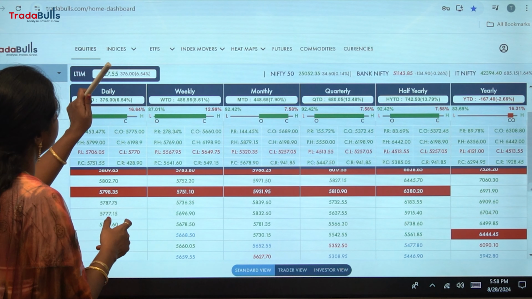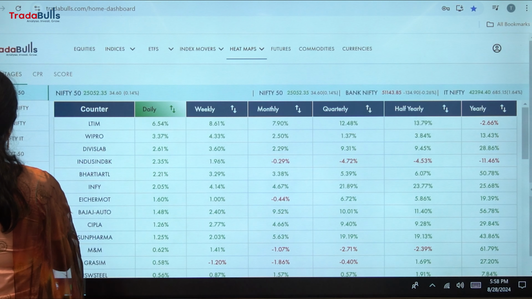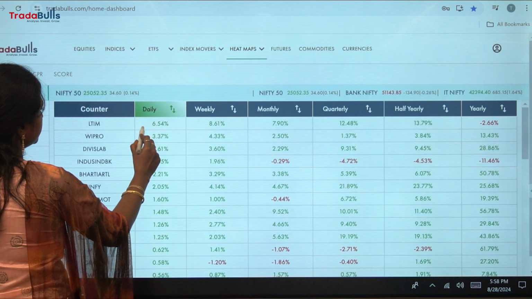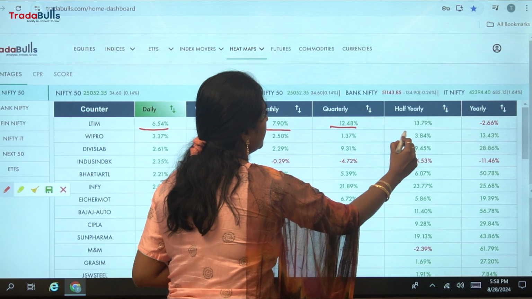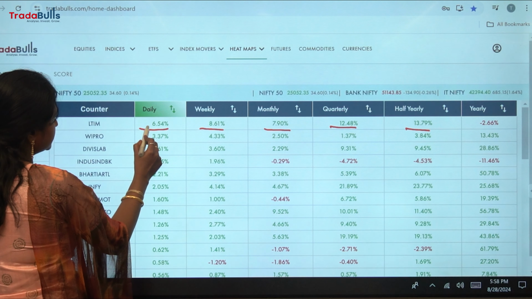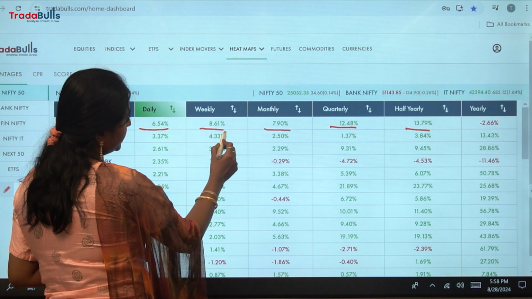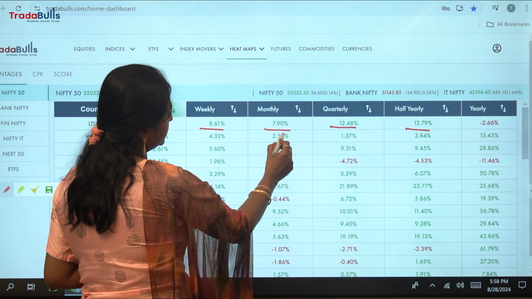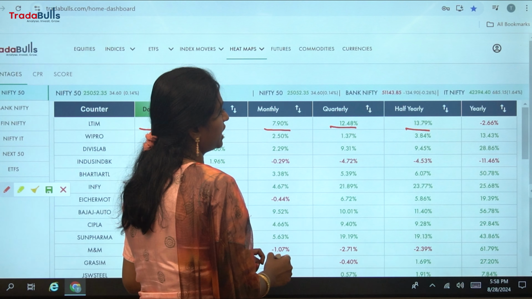If you go to our Tradabulls application, you will see that LTI Mindtree is somewhere on the top on daily, weekly, monthly, quarterly, and half yearly: 7% high for daily, 8.61% high for weekly, 7.90% high for monthly, 12.48% high for quarterly, and 13.79% high for half yearly.